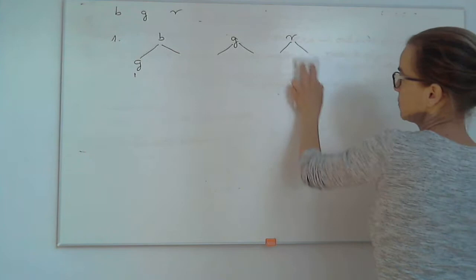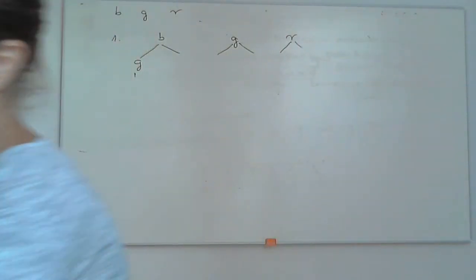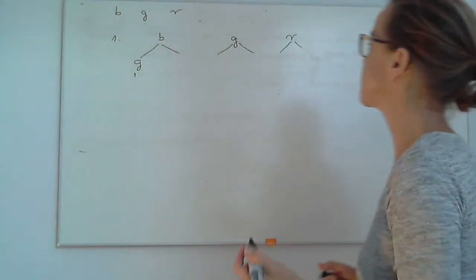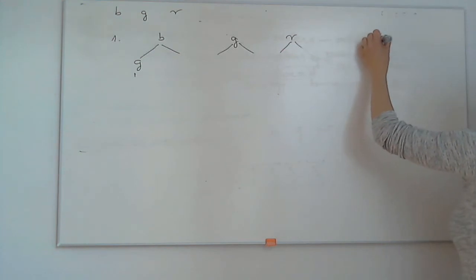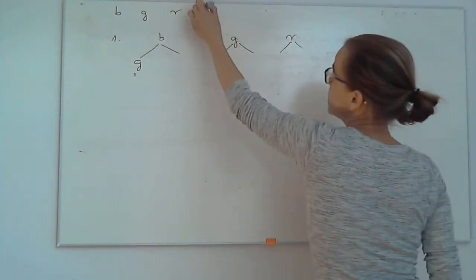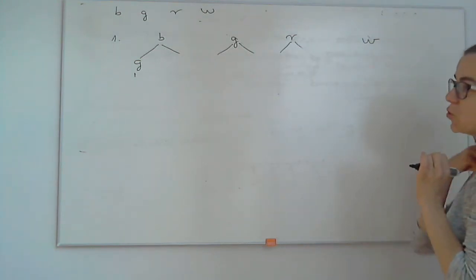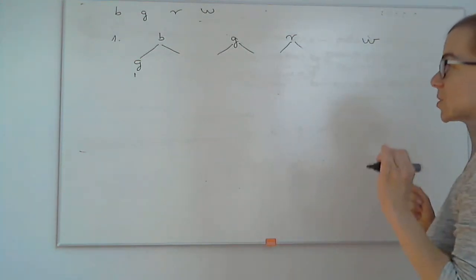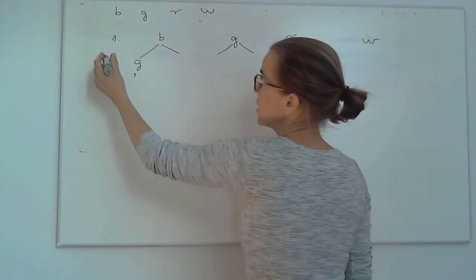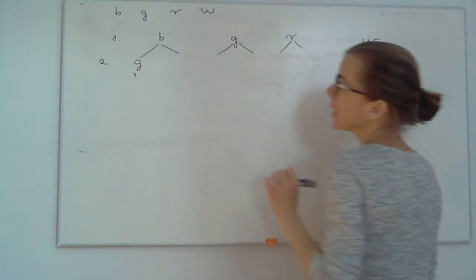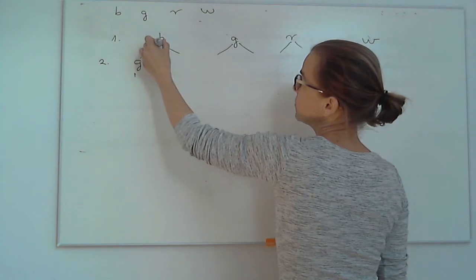And afterwards, you can imagine how it works for bigger numbers. So let's say we have a fourth ball, white. Okay, then in the first layer, I had 4 possibilities to choose into the first slot when I ordered the balls. In the second slot, I can put any of the 3 colors I haven't used.